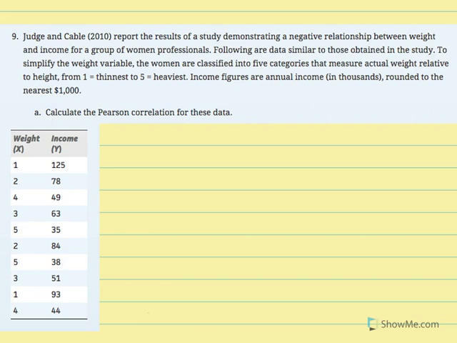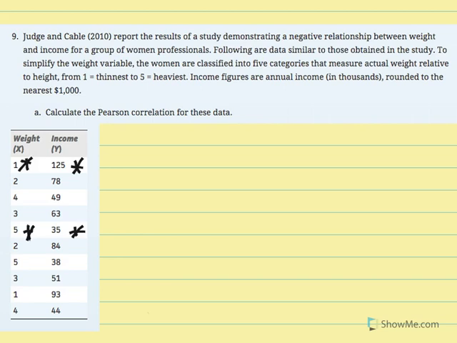Just by looking at the relationship, we see that 1 is denoted as being very thin, and it's related to a very high income, whereas the individual with the highest weight category of 5 shows lower income.